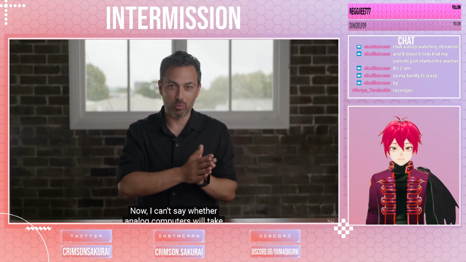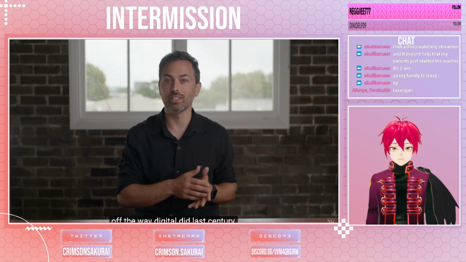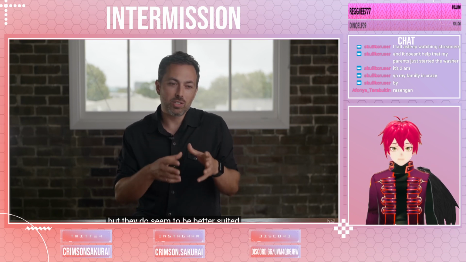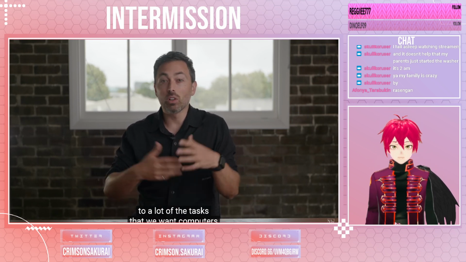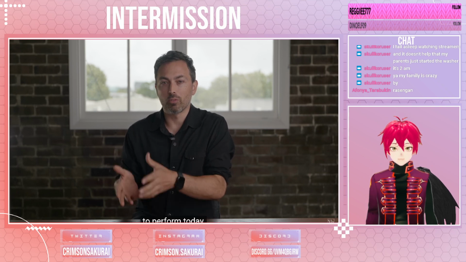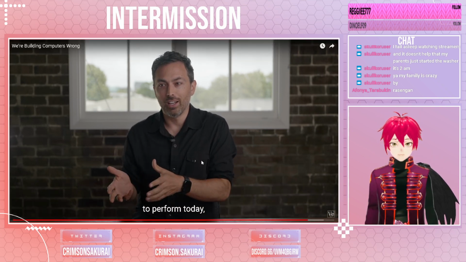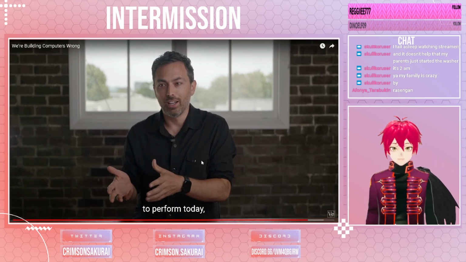Now, I can't say whether analog computers will take off the way digital did last century. But they do seem to be better suited to a lot of the tasks that we want computers to perform today. Yeah, like a single task computation, right? Like AI, recognition.